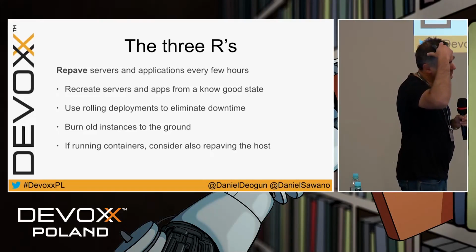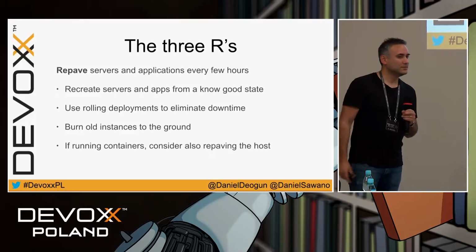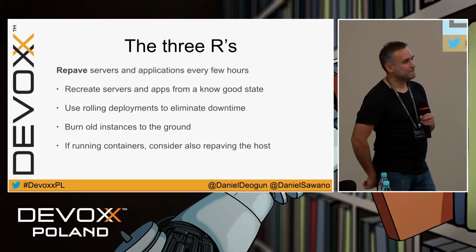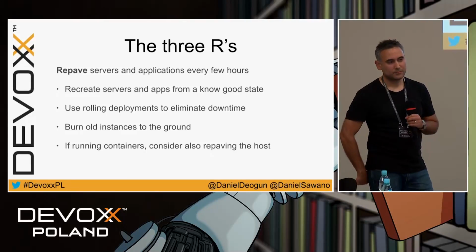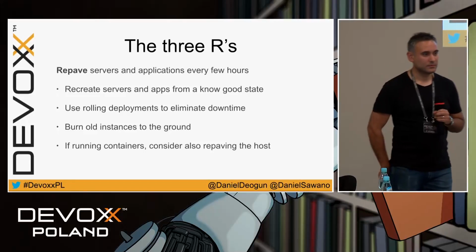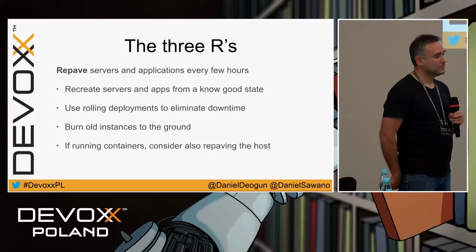Repaving, then. This is kind of weird. You want to repave servers and applications every few hours. Basically it means that you want to create a known good state. If you're running Docker, you have an image, or if you're running a virtual machine, you have some kind of base image, and you can use that to create a new instance of a server.